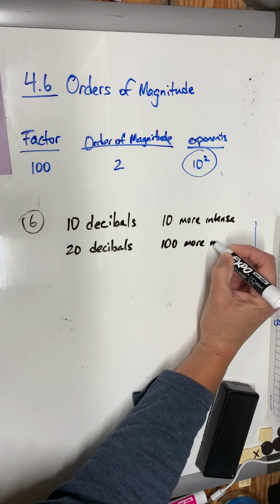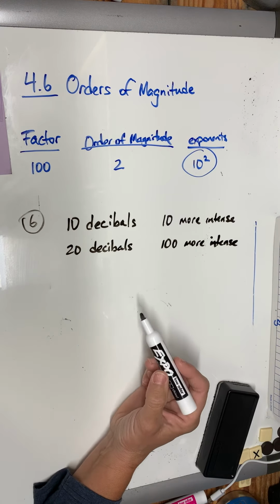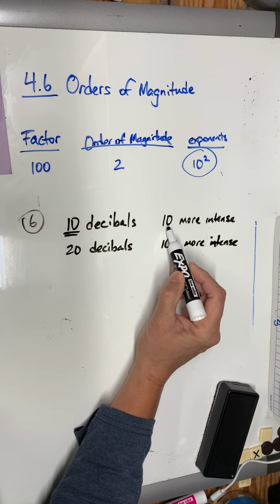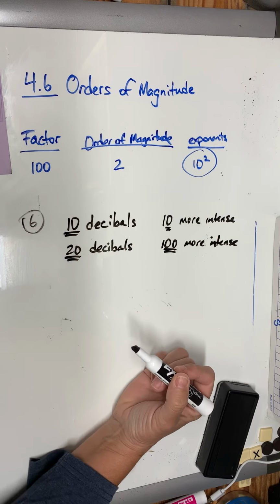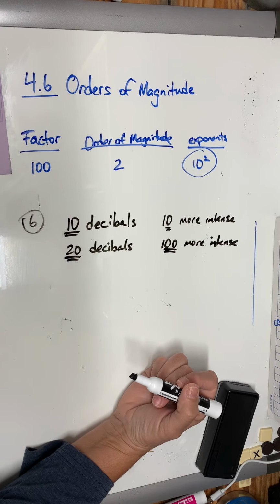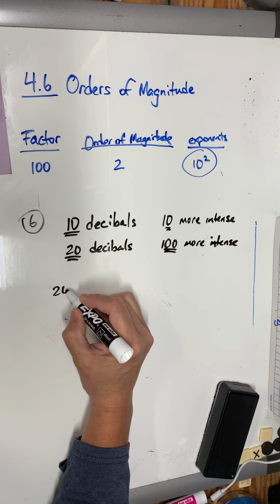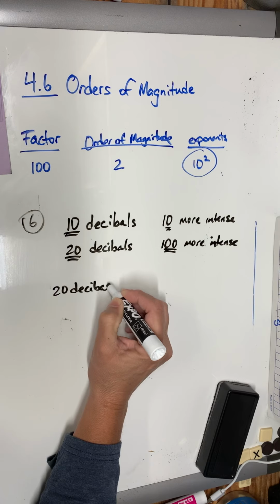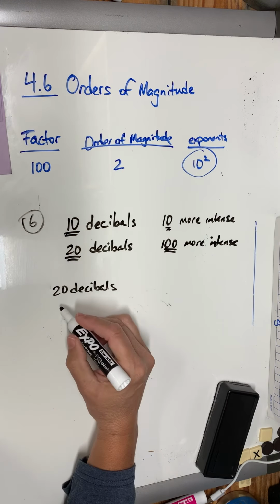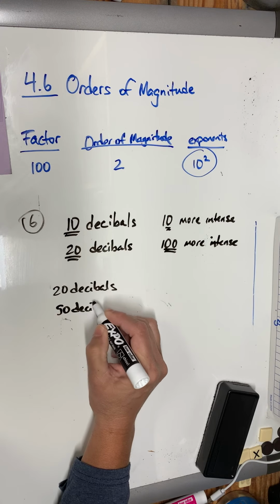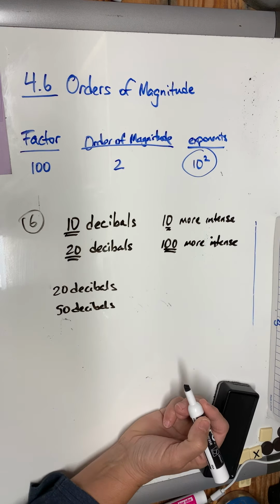So what we're to do with that is try to figure out what the pattern is. So 10 gave me 1 zero, 20 gave me 2 zeros. Okay, so I'm going to use this pattern to answer the question. It says if one sound has an intensity of 20 decibels and another sound has an intensity of 50, how many orders of magnitude more intense is the second sound than the first?